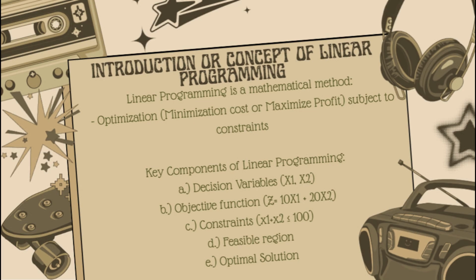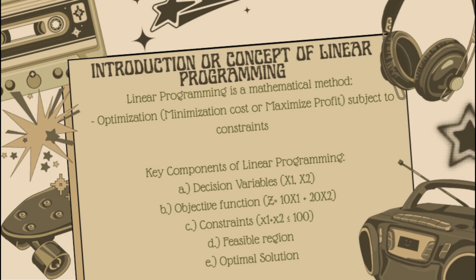The constraints are the limitations, such as budget, time, manpower, materials, and so on. This linear constraint is expressed as inequalities or equations. The example is given on the slide.